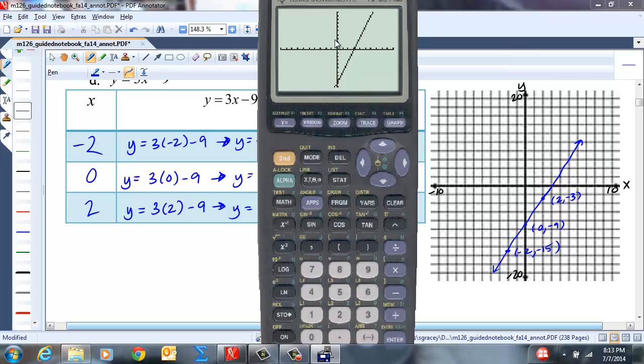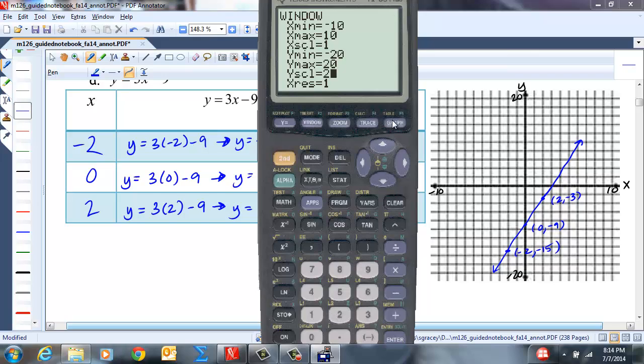So I think we should check our window. Do you see our scale on our x-axis is the same, but the scale on the y-axis is different? So let's make the scale the same so we can match the graphs. The scale we said was 2.